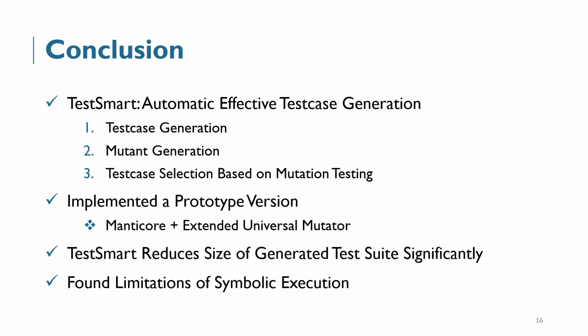And for mutant generation, we have used an extension of Universal Mutator, which contains the mutation operators especially introduced for Solidity smart contracts. Our results show that using this tool, developers can significantly reduce the size of the test suite and measure its effectiveness with a mutation score.